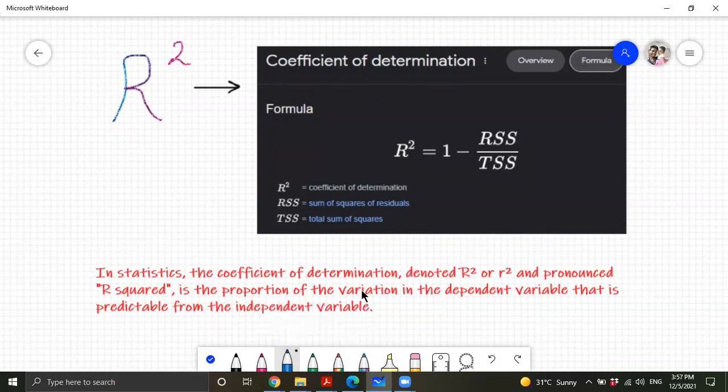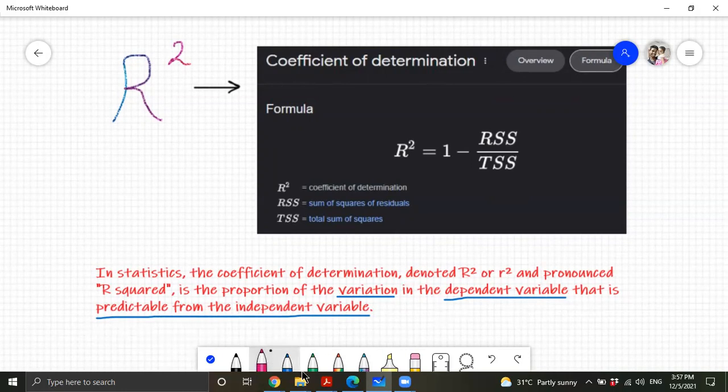That means we are going to find the variation in the dependent variable, that is the y or our outcome, and we compare it with what is predictable from the independent variable, that is our model output.